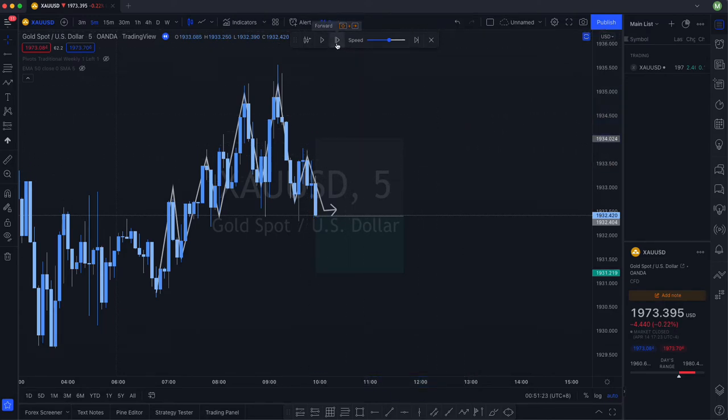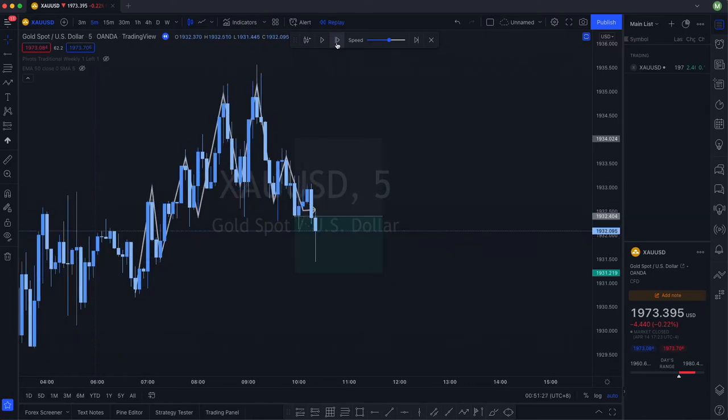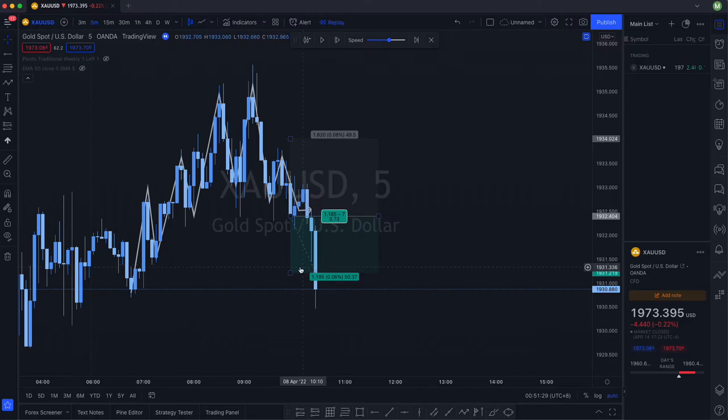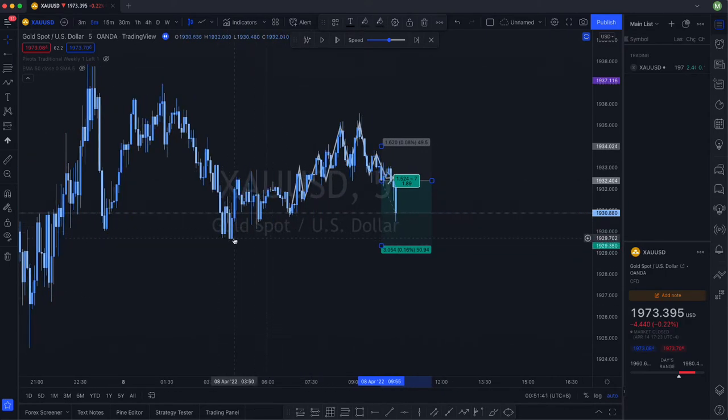And then you just go through, right? You hit your target. Sorry, my target would be somewhere around 30 pips. I would like to target 30 pips here because of this area and this area.